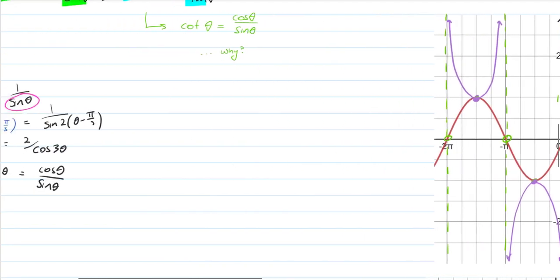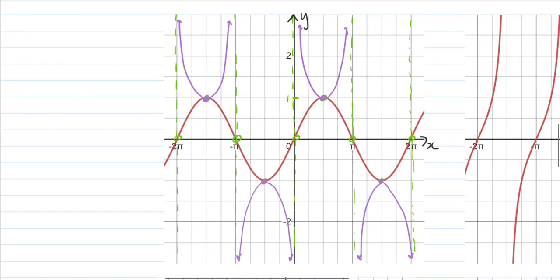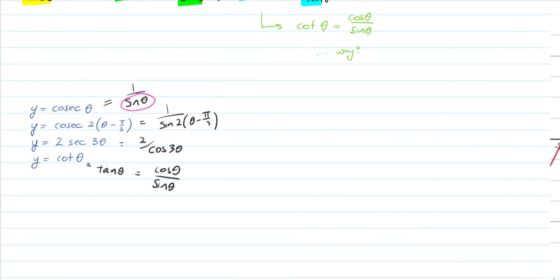Now, the next question asks us to calculate 1 over sine, so cosec of 2 theta minus pi on 3. I'm going to do this on the same graph. It's a bit of a messy graph, and I'm not going to necessarily show my asymptotes all that well, but I will change colours to orange and recognise that for cosec of 2 theta minus pi on 3, just like always, we have a change in our amplitude, our period, and a change in our phase shift.